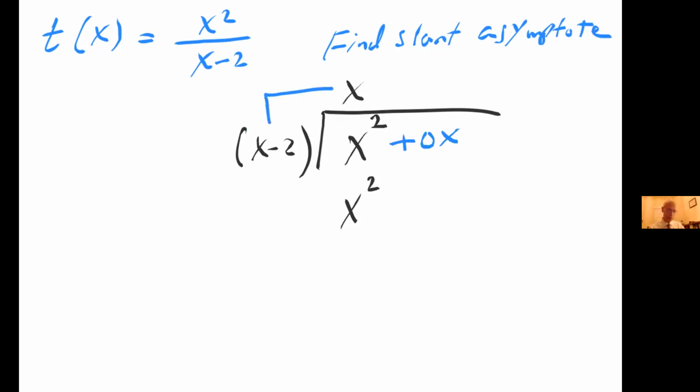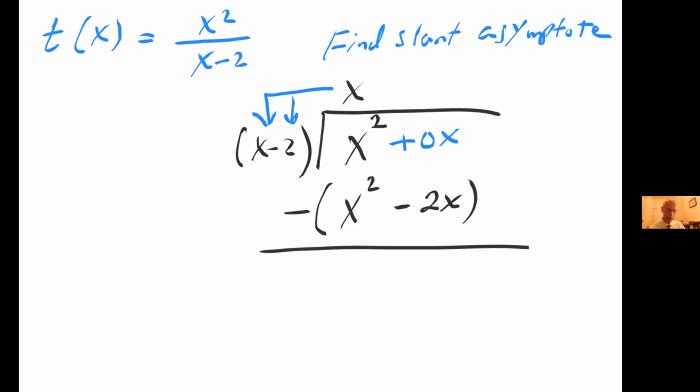x times x is x to the second, x times negative 2 is minus 2x. If I subtract this, x squared minus x squared is nothing, and negative times negative 2x is positive 2x. Now you cannot consider this as a remainder, because the degree is 1 and you have a degree of 1 on the divisor.